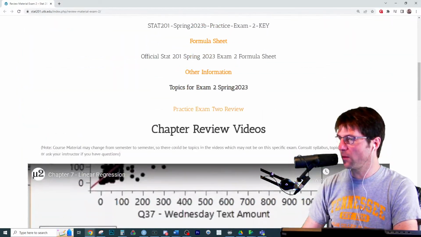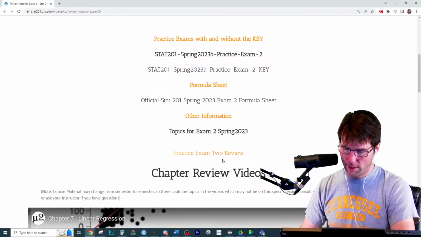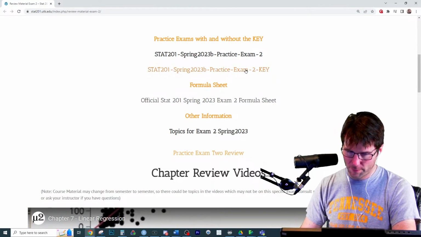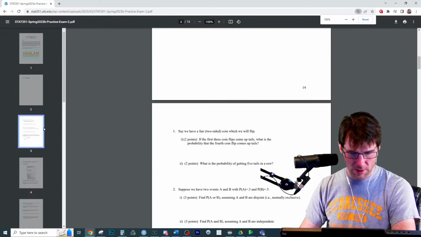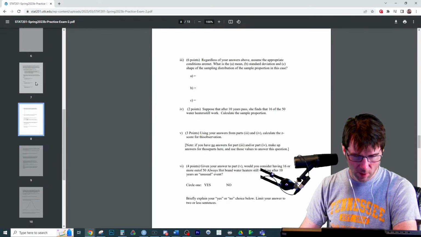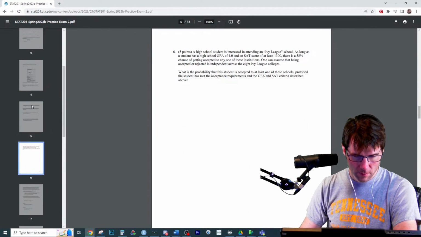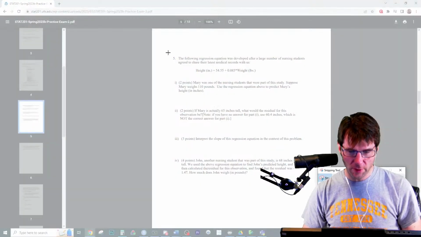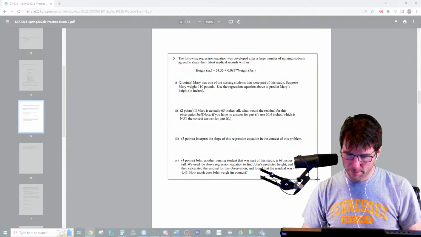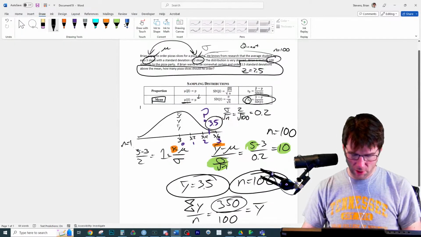Sometimes we add or remove stuff, but that should be pretty accurate. So let's go right here. We don't want the key yet. Question 5. Oh, cool. Oh, it's regression. Yay, regression. Okay. So we got a regression question.